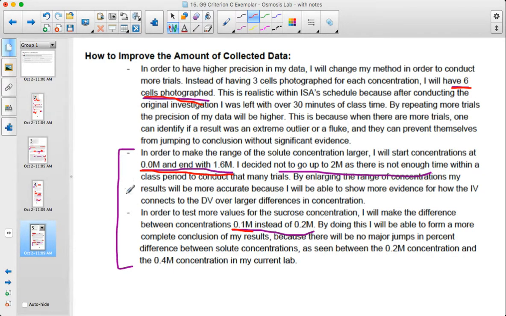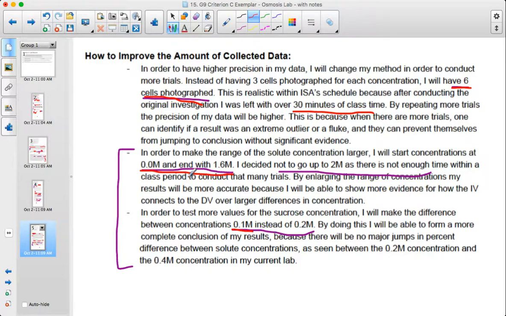Now, that is a lot more data than they suggested previously. They do comment about how they had 30 minutes of extra class time, and so that's why they think they can get all of this data done. But they might want to suggest that this is a lot of new trials that they're going to make themselves take. So it would be pushing it to go from 0 to 1.6.